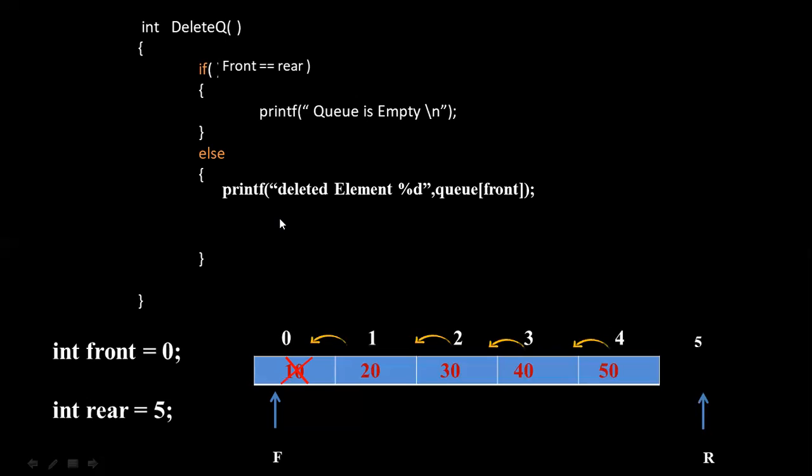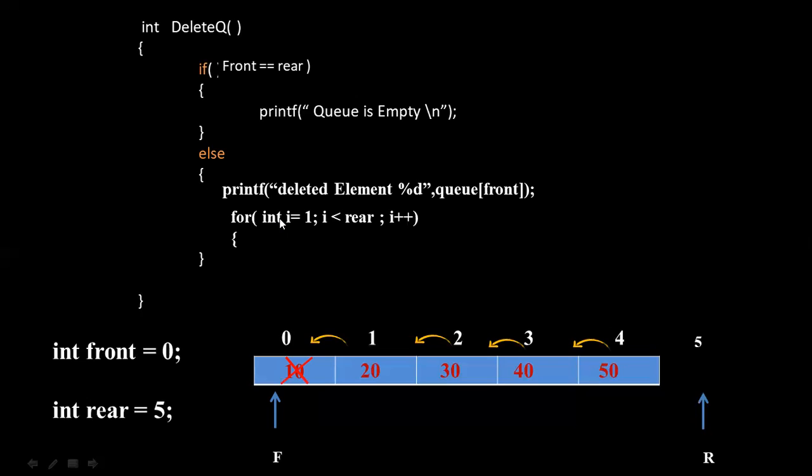Once after deleting, we need to shift all the elements. We shift by using the for loop. We need to shift from the first location, and first location means front plus 1. So the i value will be equal to 1. If i is less than rear, i plus plus we have to do.